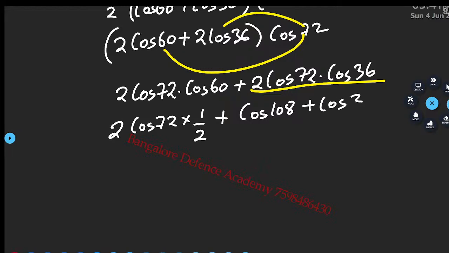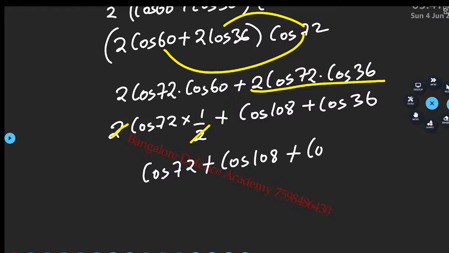Plus cos 36. Yes or no? Now here what happens? 2 and 2 will get cancelled. So what is left now? Cos 72 plus cos 108 plus cos 36. We are closer. One cos 36 तक आ गया. The only problem is this guy cos 108.